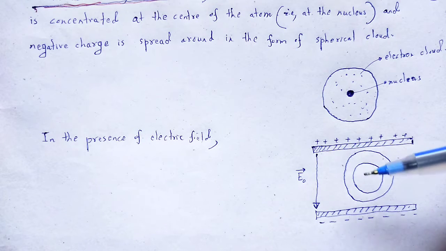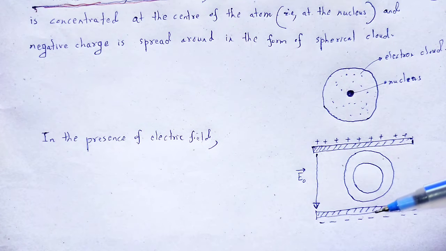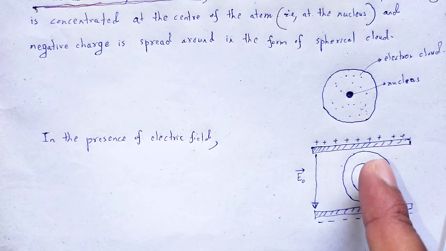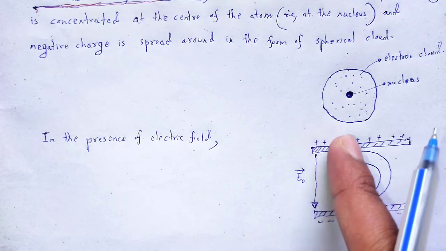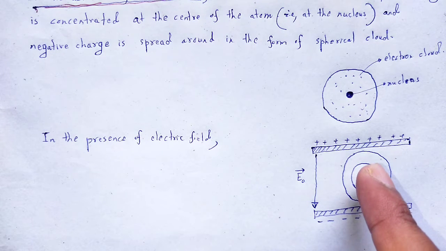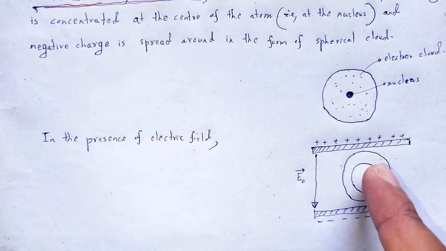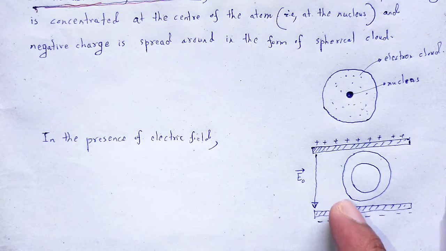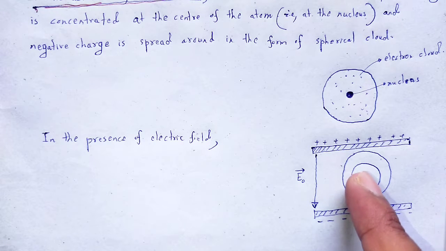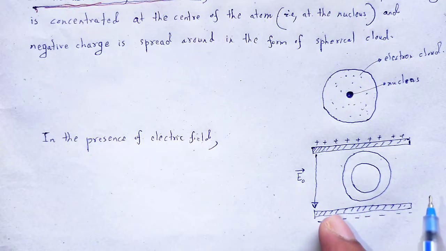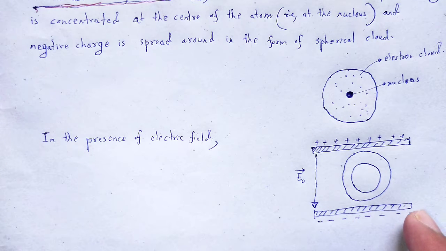Due to the electric field, the positive charge will experience a force along the direction of the electric field, which means that the positive charge moves towards the negative end.